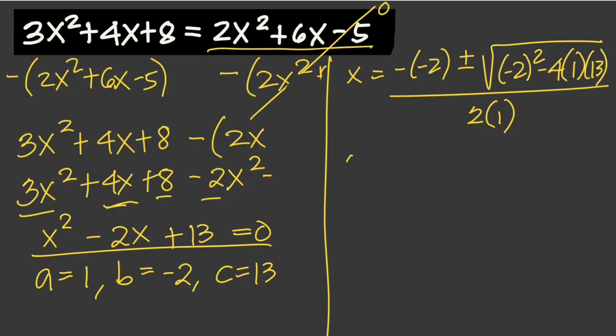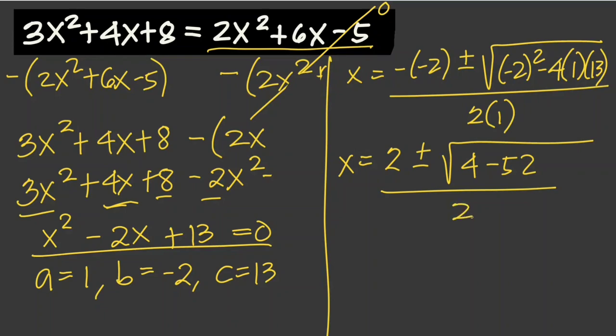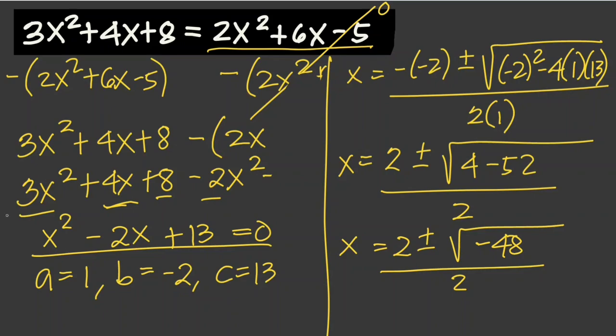So let's simplify this. There will be x equals 2 plus minus negative 2 squared is 4, minus 4 times 13, that is negative 52, over 2. So this would be x equals 2 plus minus 4 minus 52 is negative 48 over 2.